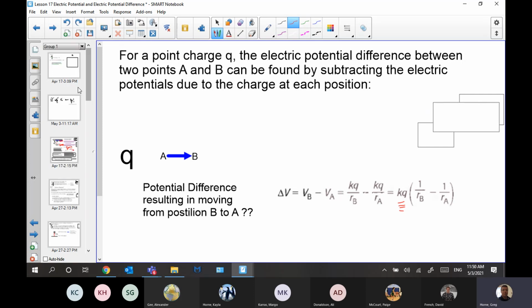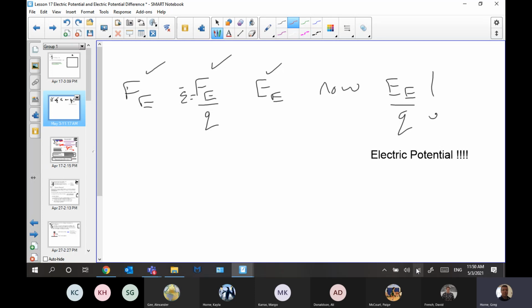So going back to this page here, we had electric potential in comparison to 0 joules at infinity, right? So technically this is V equals, right?